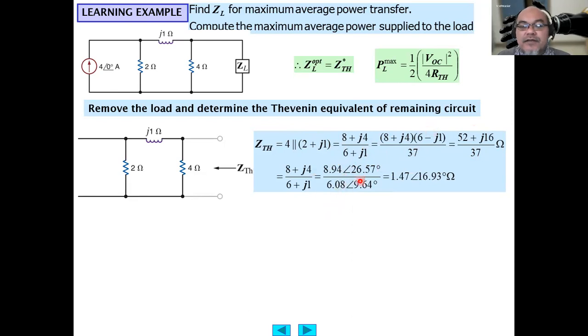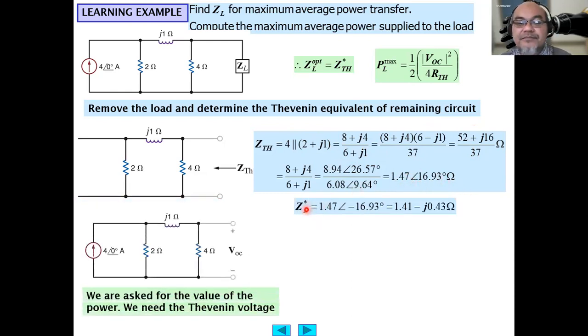For calculation, we obtain this value in complex or phasor format. You can also calculate this value equals 1.47 with a phase angle of 16.93 degrees ohm. So this is the Thevenin equivalent impedance.